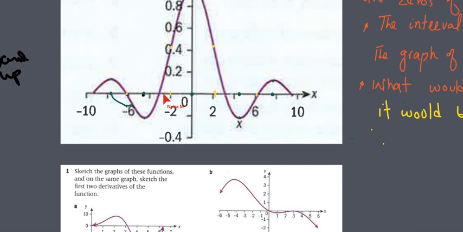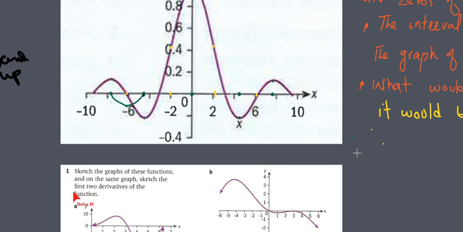From this to this part, the function was decreasing, so I will get negative values for the first derivative, taking the turning point at this yellow point. Is it clear? Got it?